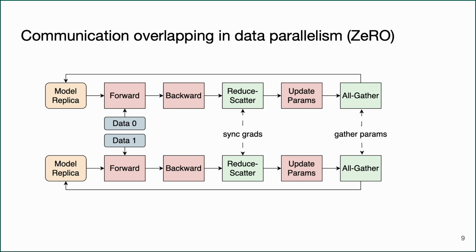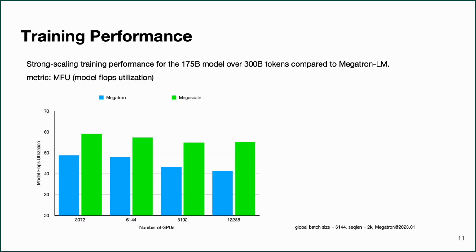Okay, cool. So after we look at the techniques for internode and intranode communication, here are some results for the overall training performance. We are comparing with Megatron that was released earlier last year. We test with different numbers of GPUs.